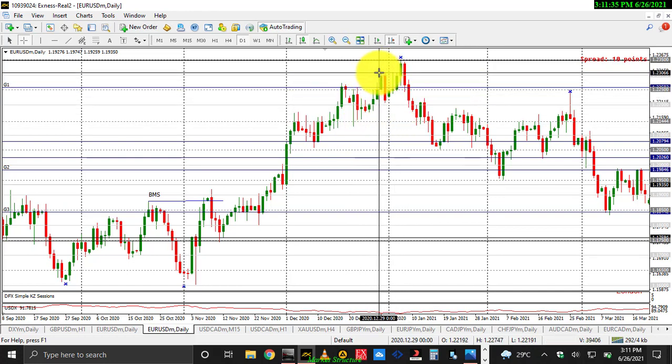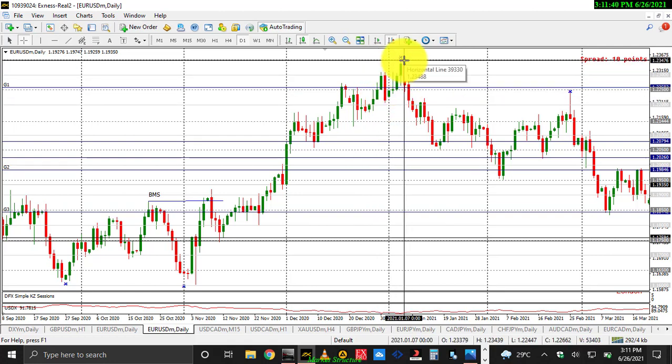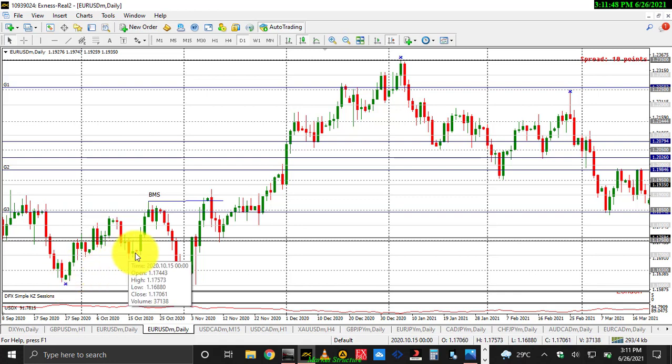Price later came to take these highs, then after taking those highs, we had a breaking market structure from this low. As we said, after taking out these lows, price took out a high, so after taking out these highs, price has to take a low for the other side of what we talked about here. So let me just copy this.